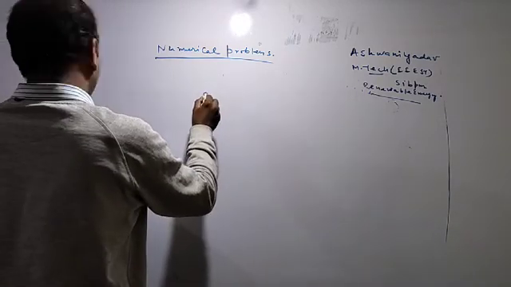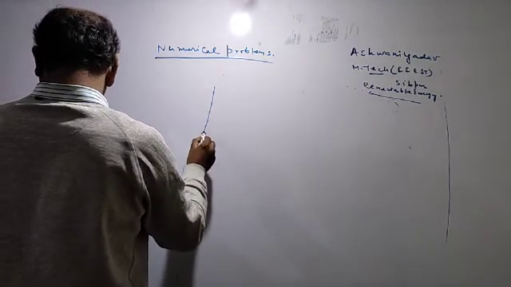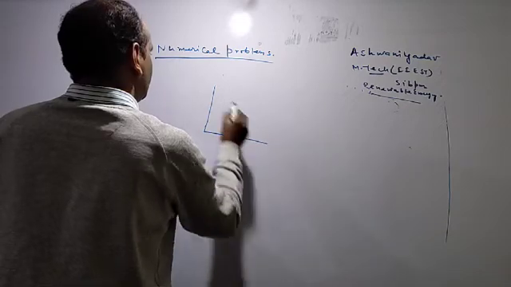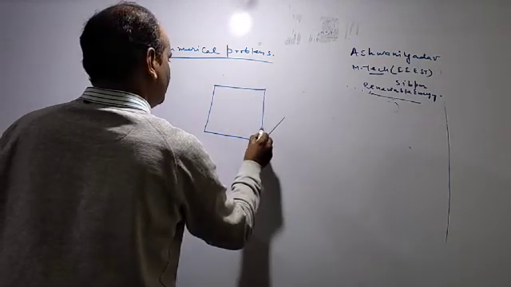Now one more question. This is an inclined surface having angle alpha.